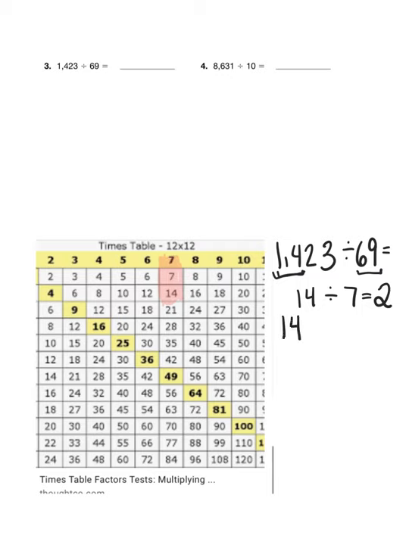Which means that 1,400 divided by 70 is also going to be, is that going to be 2 or is it going to be 20?